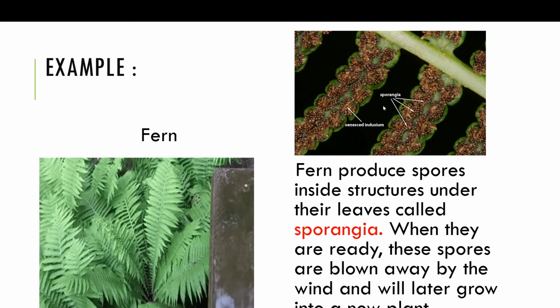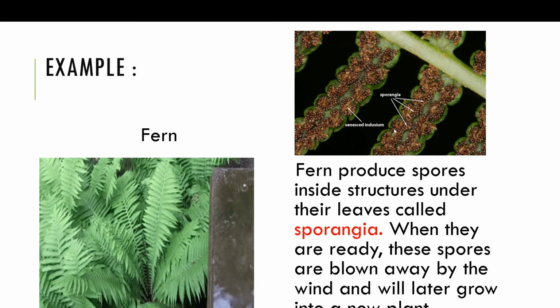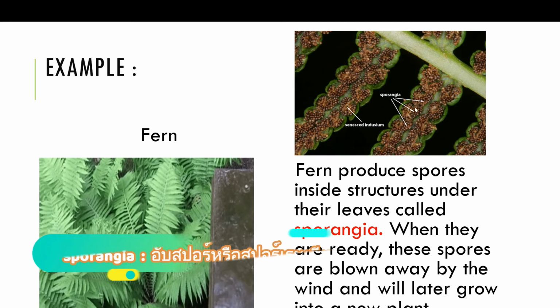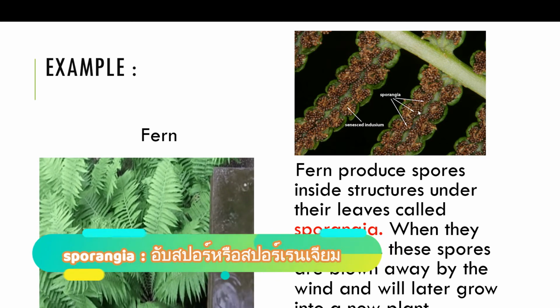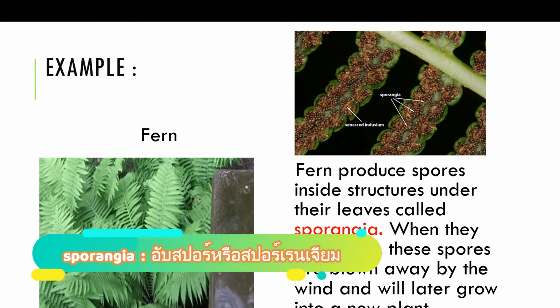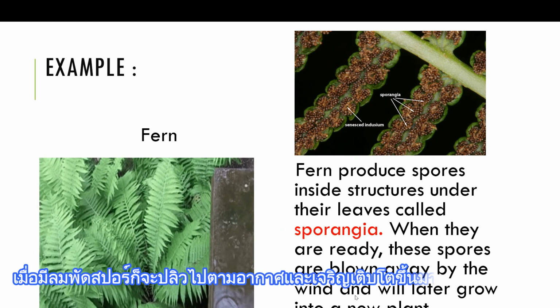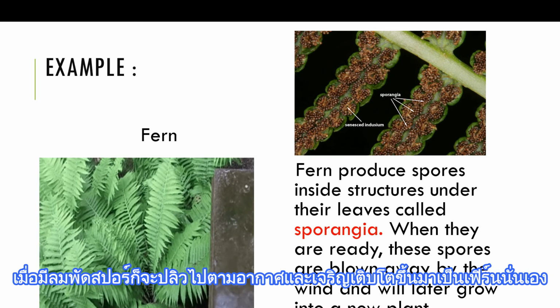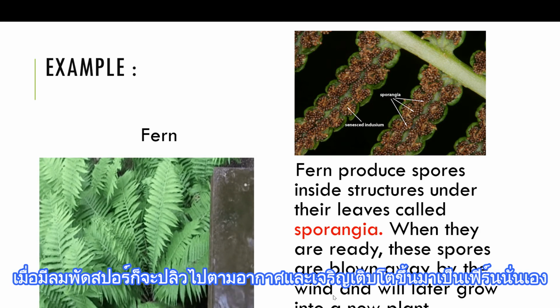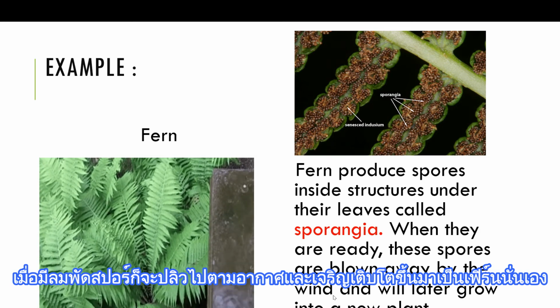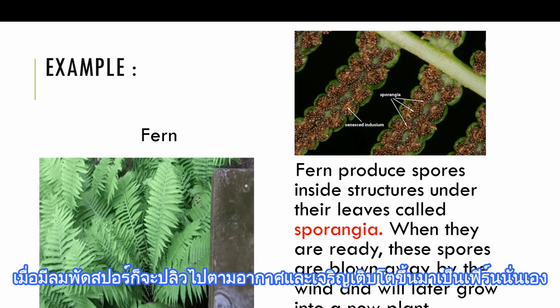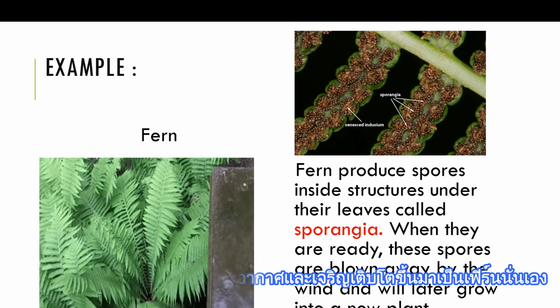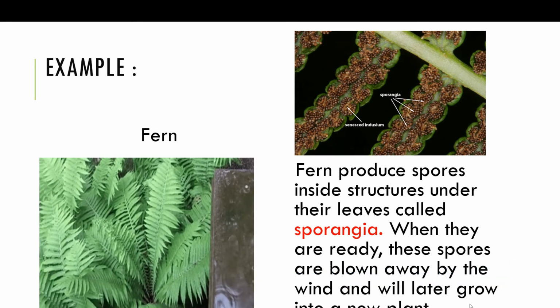These are sporangia. When they are mature, the spores are blown away by the wind, by the air, and will later grow into a new plant.